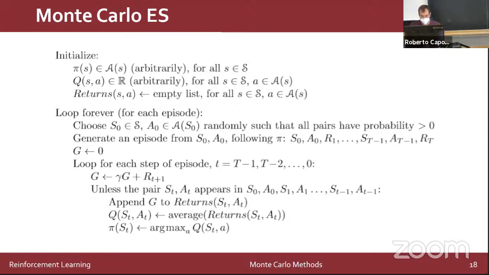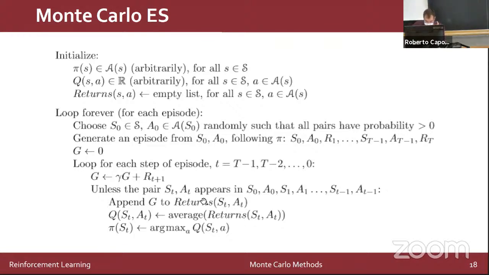And then after that, we are following a policy pi. So we compute our returns as we did before. We're using first visit. So if the state and action do not appear in previous states and actions, then we improve our estimate. So we compute our return and we append it to our buffer of returns. Then we take that and we compute now the average of the returns for state and actions.